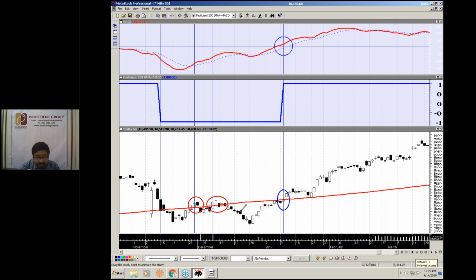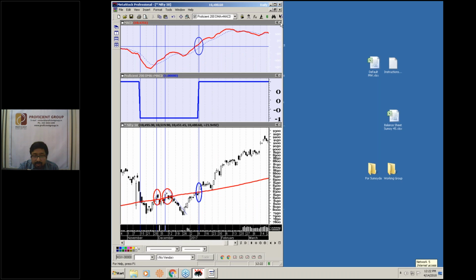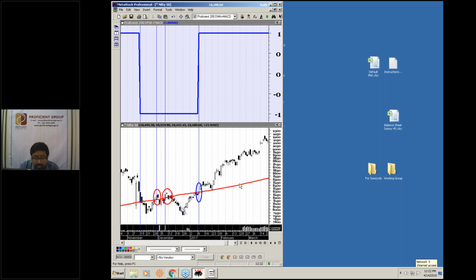The downtrend actually remains valid for two more weeks, right? So why did we do this? We created this in order to not look at these indicators anymore.